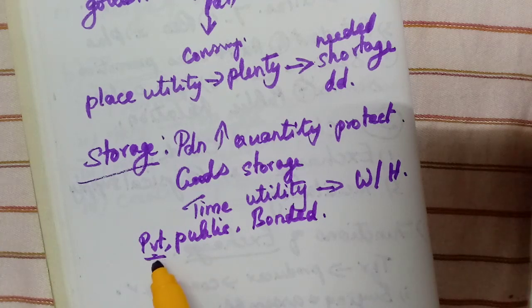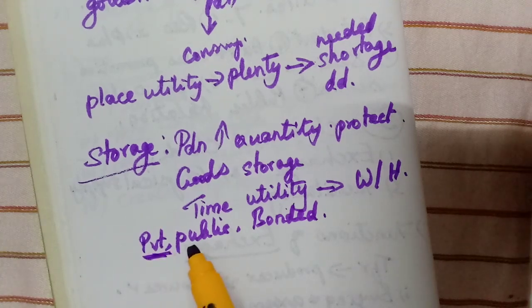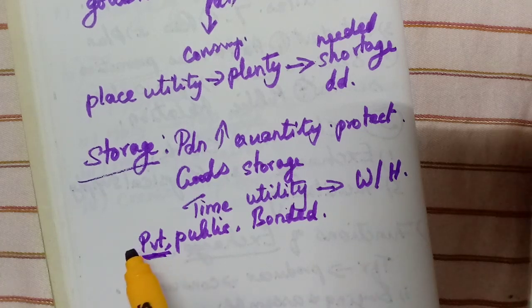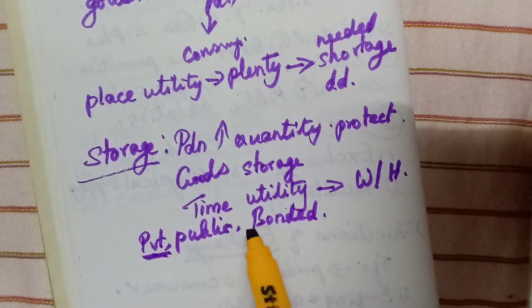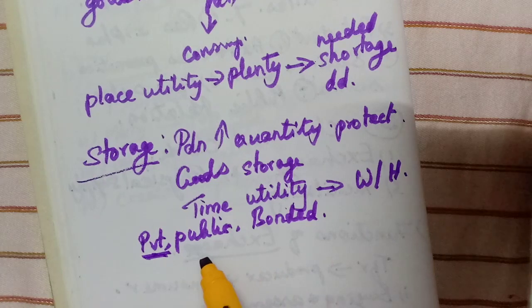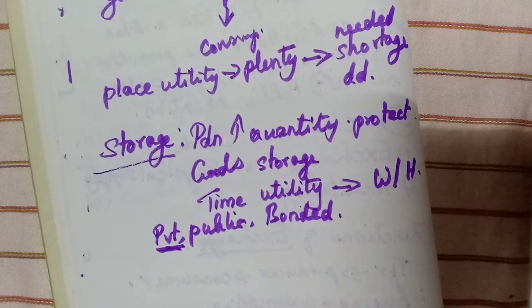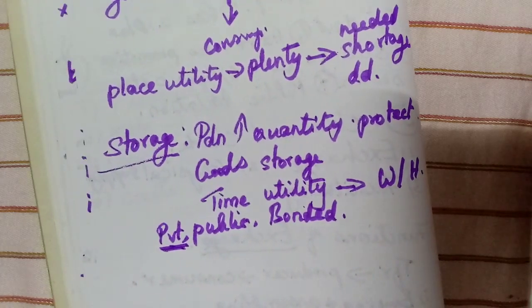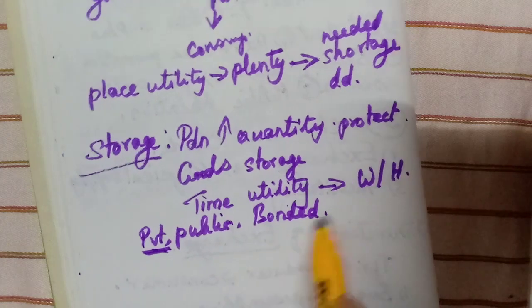Their own things or other people's products can be stored, but for that they have to pay some rent. Then public warehouses the government may have. They may keep the products that are supplied under the PDS, the public distribution system.